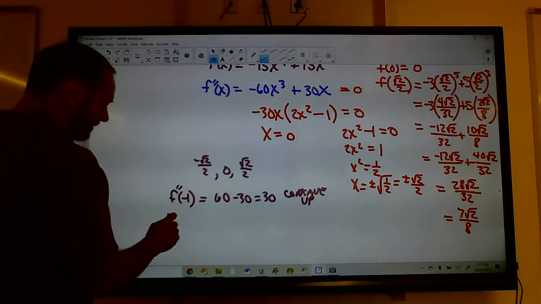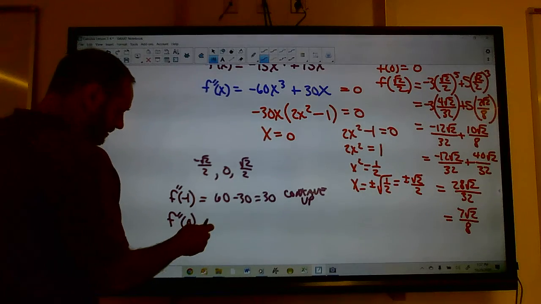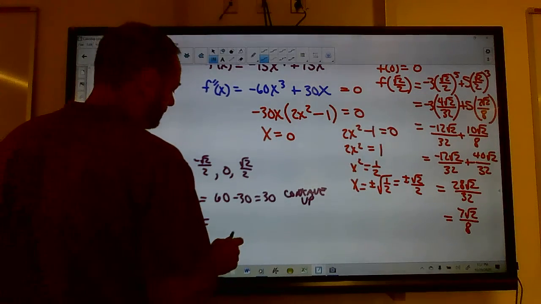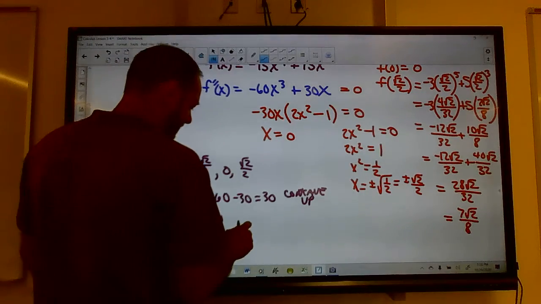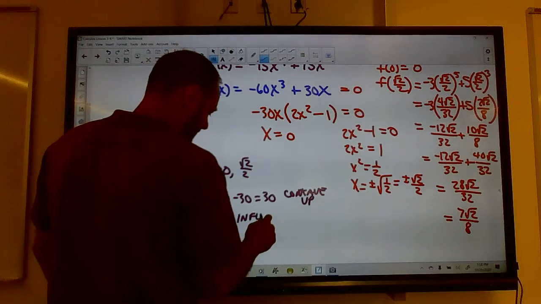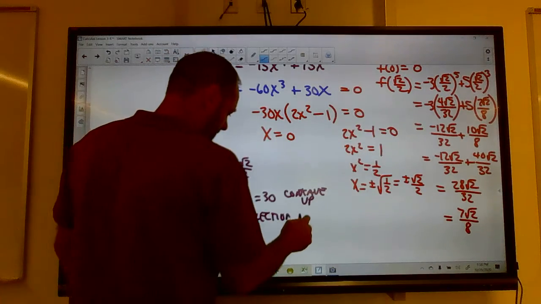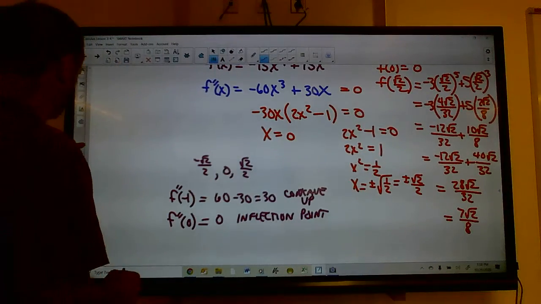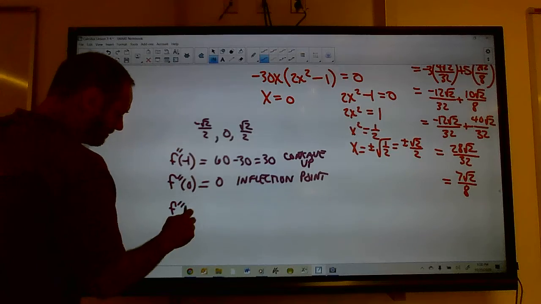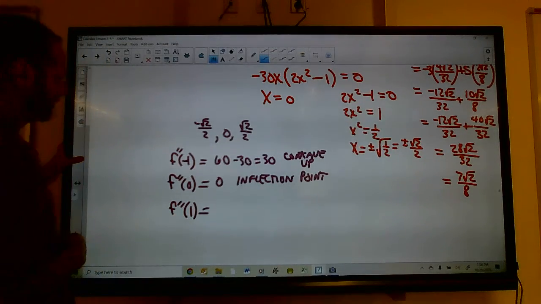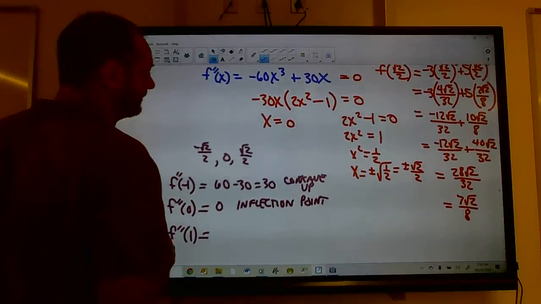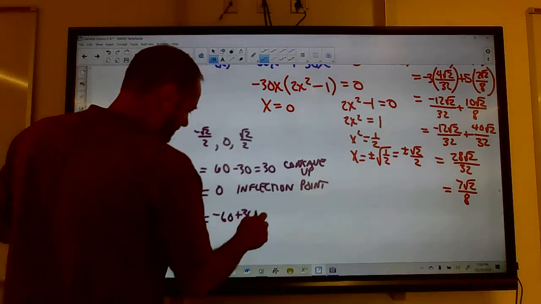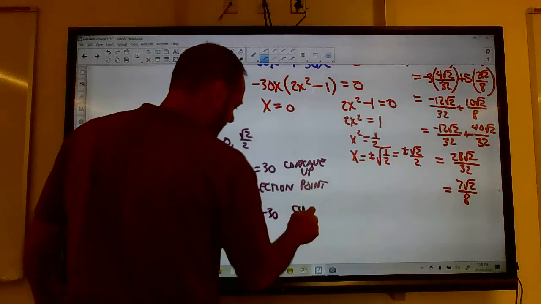I can't plug in 0 there. The test fails because it comes out to be 0. So that tells me there's an inflection point. And if I test +1, that'll test another region. So that would just be -60 plus 30, which is -30, which tells me it's concave down.